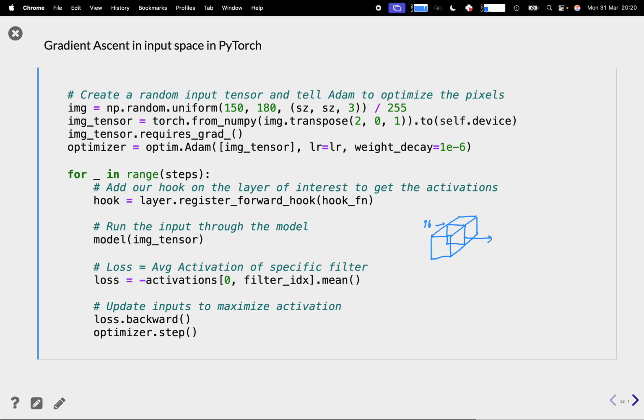And we take the mean of all of these. So activation is my entire tensor. I'm going to extract the 16th value here. This is this output, and then we take the mean, and that's my loss, right?